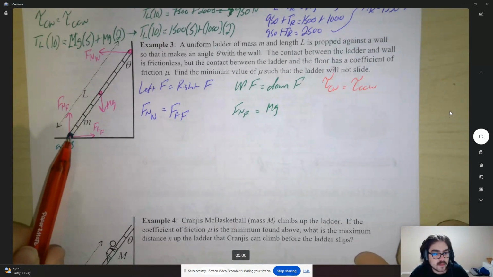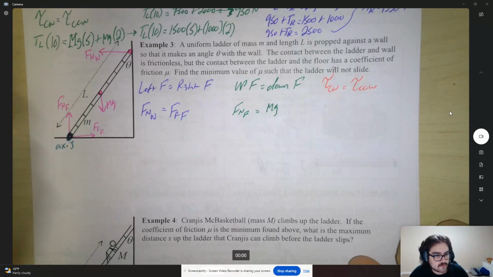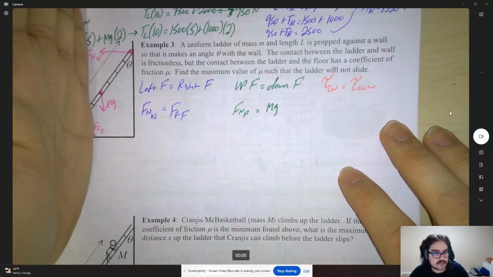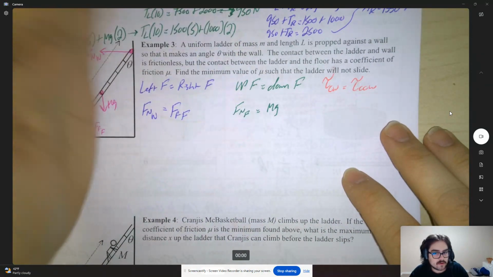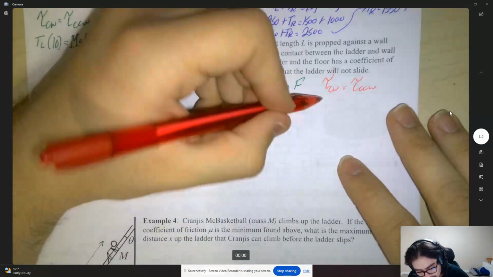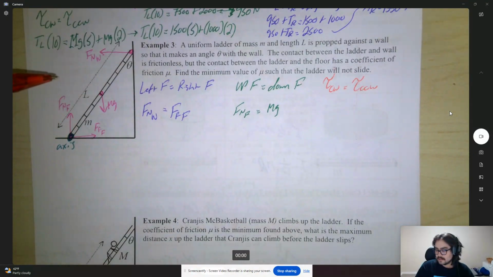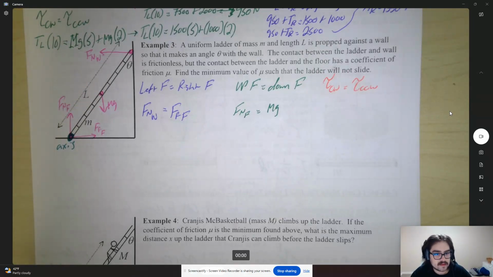So when I decide to pivot about the floor, which makes it easier on me, I have to consider my clockwise and my counterclockwise torques. Mg is going to cause it to swing down. Normal force would cause it to swing this way. So clockwise would be mg, and then normal force would be counterclockwise. So I would have to do the distance, R F sine theta, right?